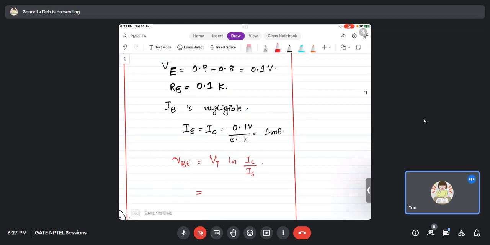IS is 5 into 10 to the power minus 17. Please tell me what value you are getting.